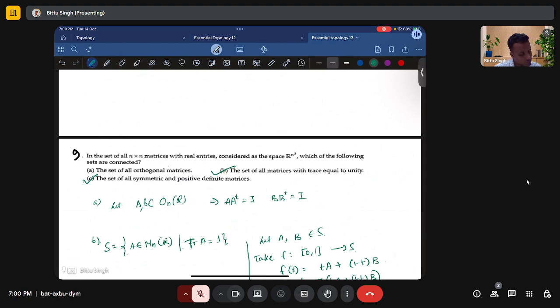So it remains to show whether the orthogonal matrix group is connected or not.